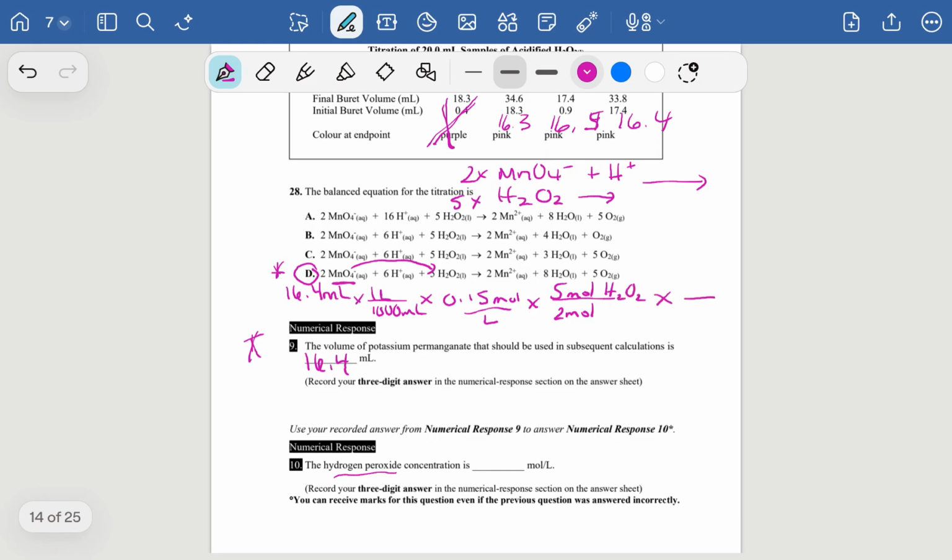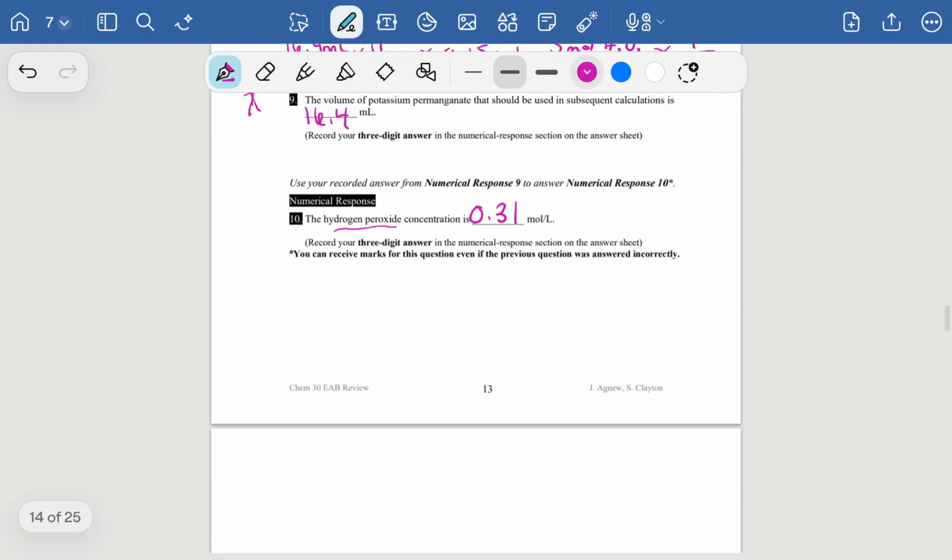And then lastly, you want to divide by what we're titrating by, and that was 0.02 liters, which was your 20 milliliters per trial. Now you plug that all into your calculator, and in this question it is asking again for that 3-digit number. That will be 0.31, and your digits are just your values, so the digits would be the 0, 3, and 1, and if you're filling this in, you still want to include your decimal.